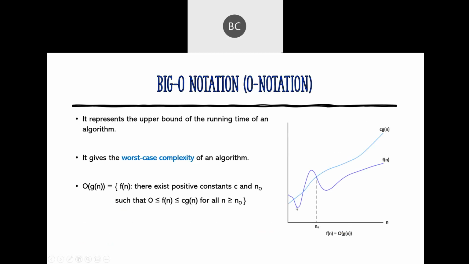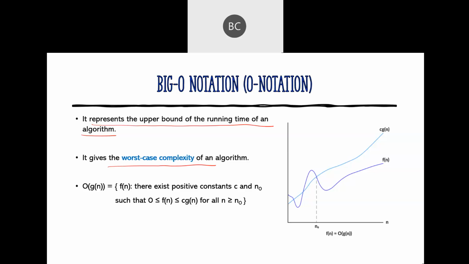So here comes the big O notation. Big O notation, always remember, provides the upper bound of the running time, and it always provides you the worst case complexity. Whenever anyone asks you the time complexity of an algorithm, mostly we mean the worst case.